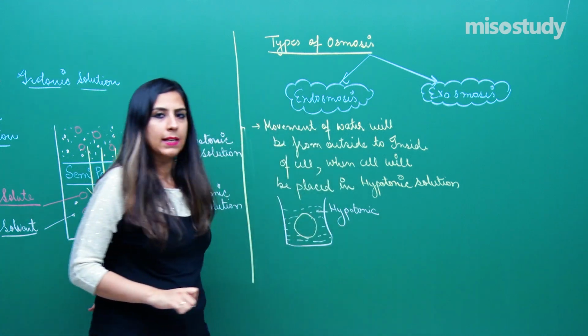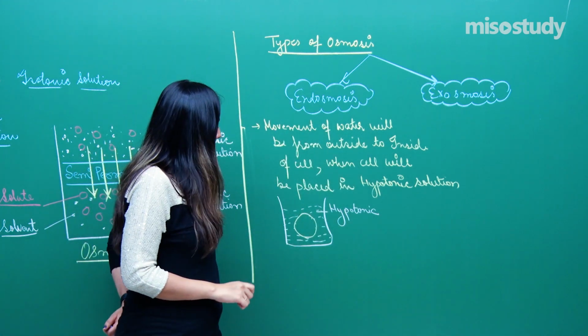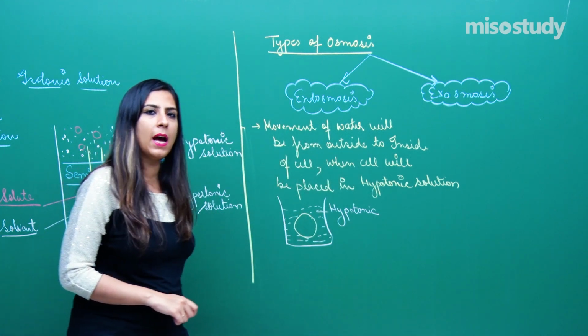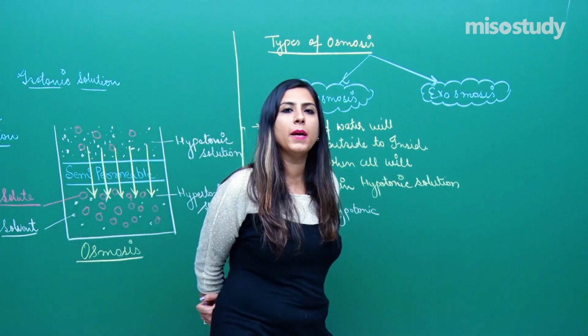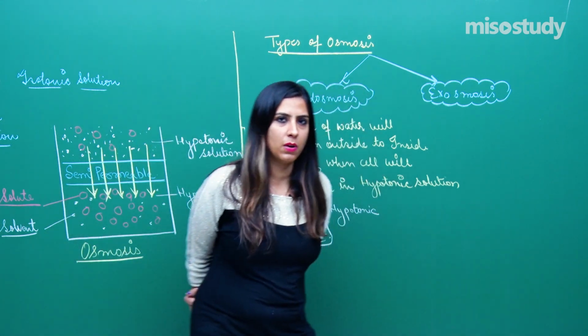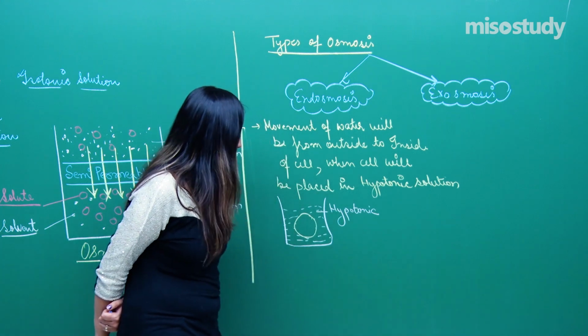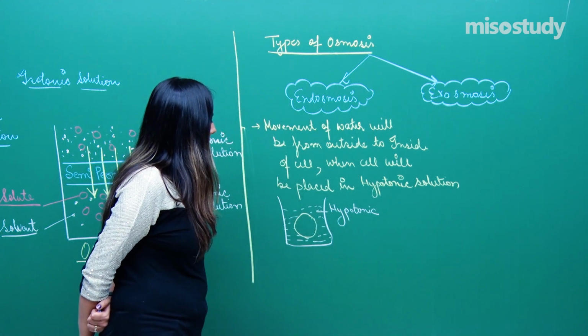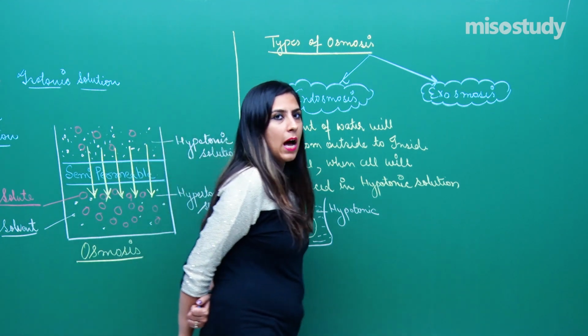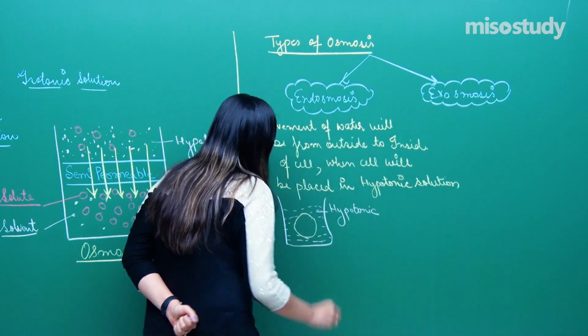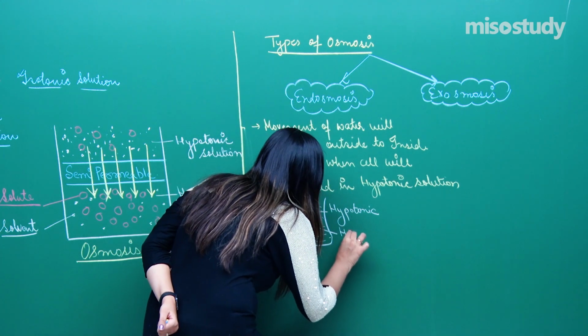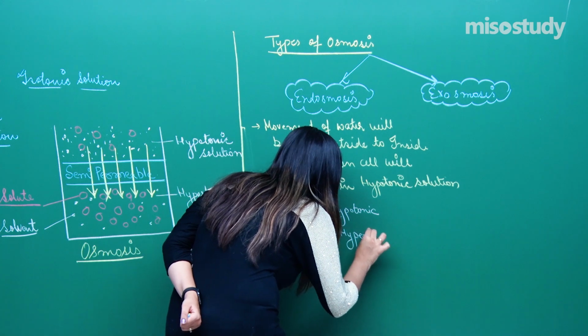And this is a cell, and the cell will be having the protoplasm, different organelles, and organic substances which will be helpful for building of the cell. In this, the cell solution will be considered as hypertonic.